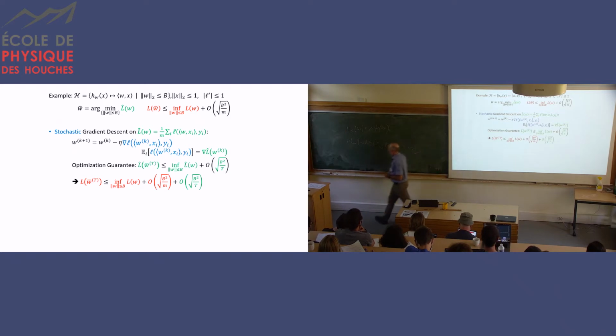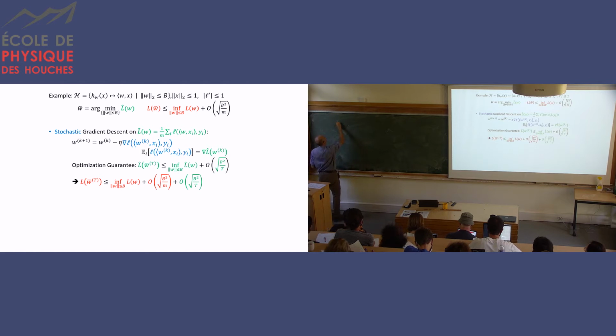So we stated a general, I thought I covered last time. If you look at a learning rule, the ERM learning rule, which is what I have there, here the hypothesis class is all the low norm linear predictors.